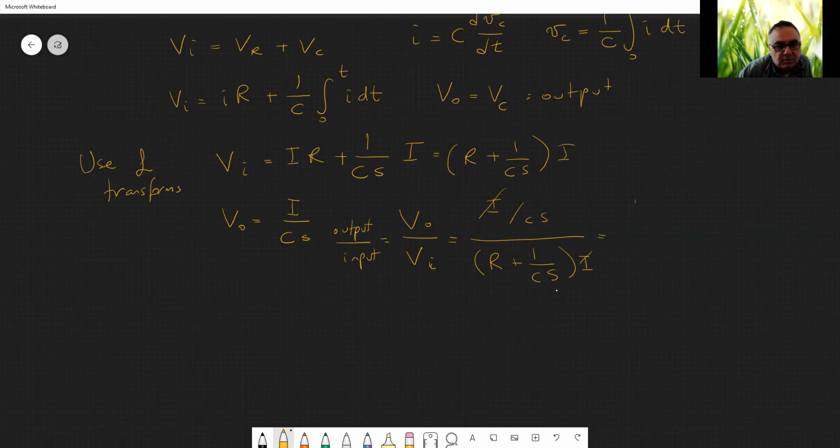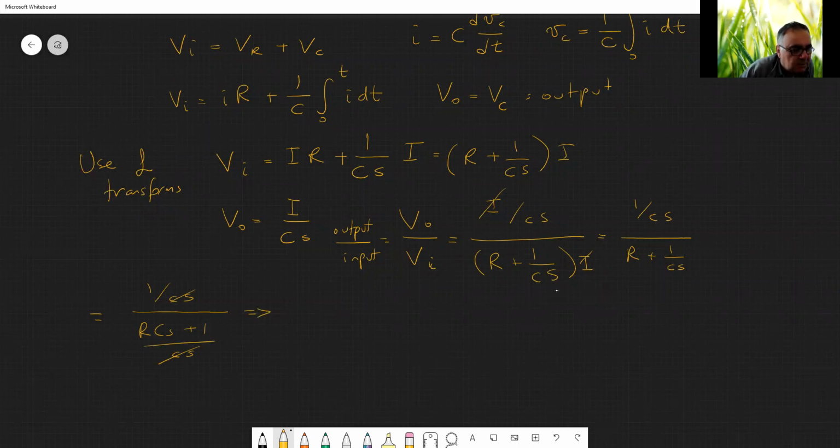We get 1 over CS divided by R plus 1 over CS. I can write this as 1 over CS divided by (RCS plus 1) divided by CS, and these CS terms cancel.